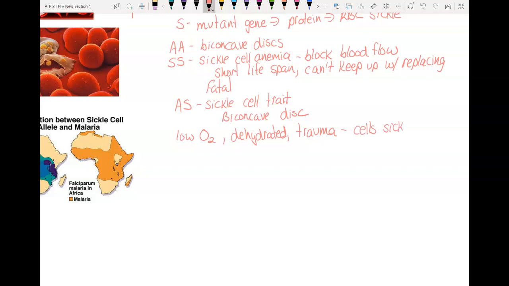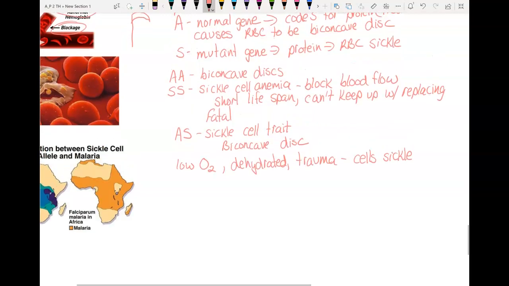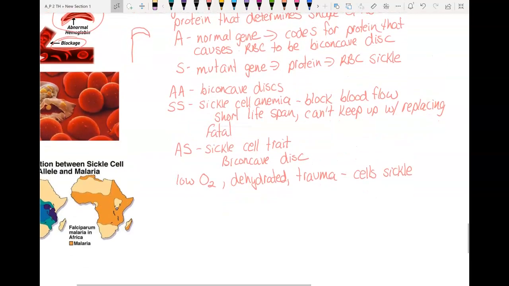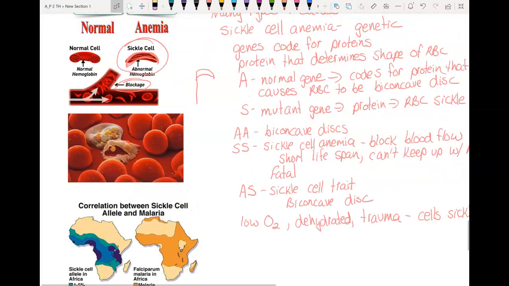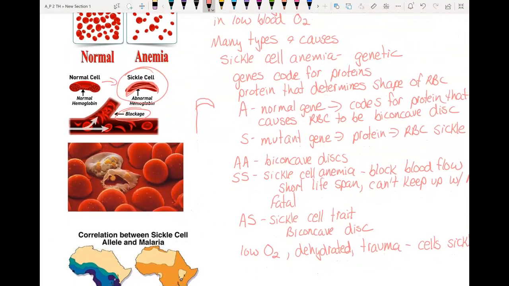So they will change shape. The cell can go back and forth between being that normal biconcave disc or being sickled. So if you have the trait, your cells can go back and forth, changing shape.